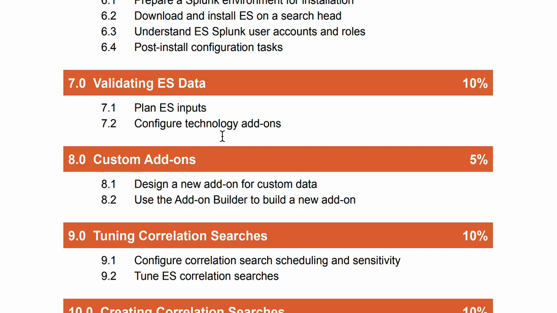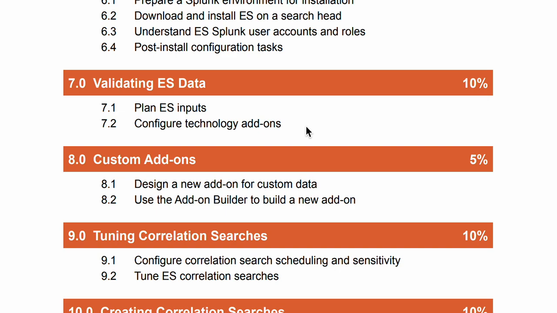Configuring technology add-ons. Again, as I mentioned, if you have done the prerequisite, it will be easy for you to understand the add-ons: technology add-ons, system add-ons and domain add-ons.